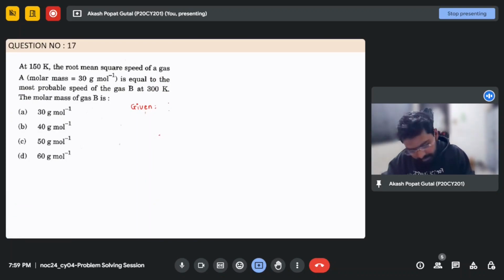So the given things are temperature, T_A, we can say, is 150 Kelvin. The molar mass of A is 30 gram molar inverse.